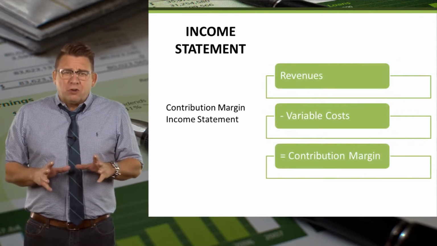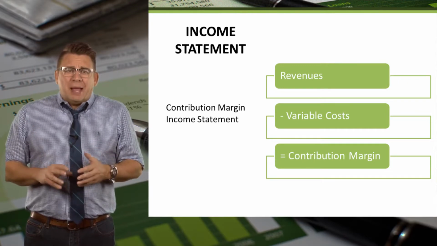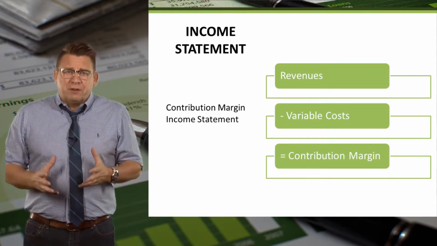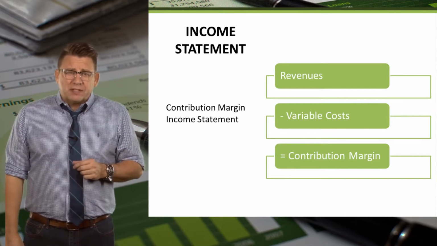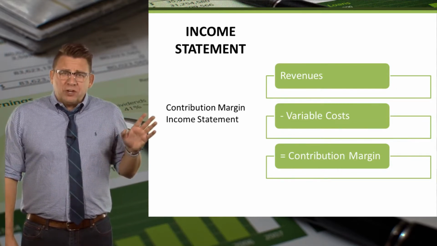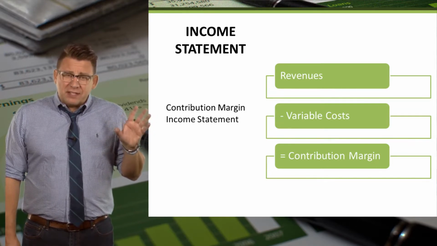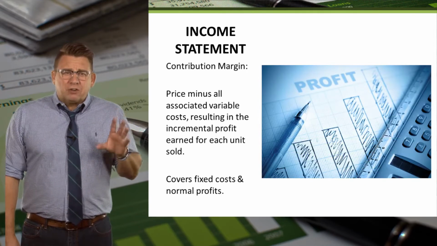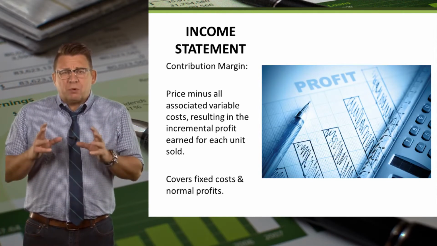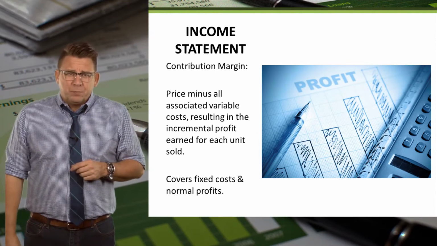The contribution margin income statement reports expenses, or costs, by behavior rather than function, which is how the multi-step format reports expenses. So revenues are listed first, and from that we subtract variable expenses, and this equals contribution margin. You might think of contribution margin as the product's price minus all of its variable costs.